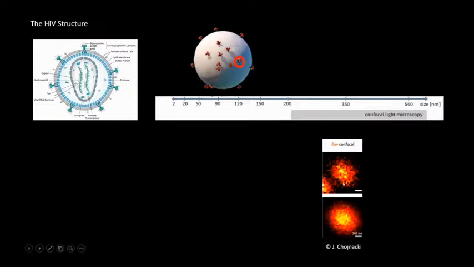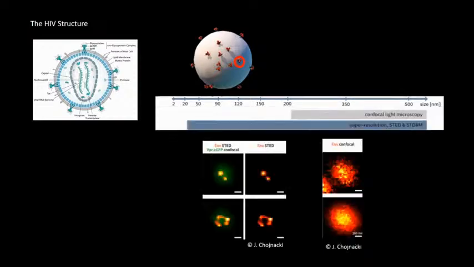So clearly, due to the lack of spatial resolution linked to the diffraction limit, you will never be able to observe individual proteins. If you now turn to super resolution microscopy such as STED or STORM microscopy, then you will start seeing individual objects on the surface of the virus.